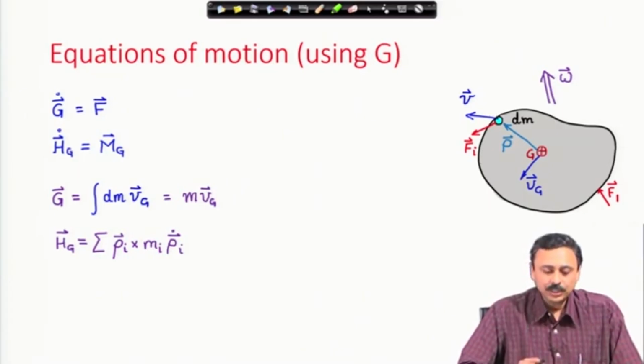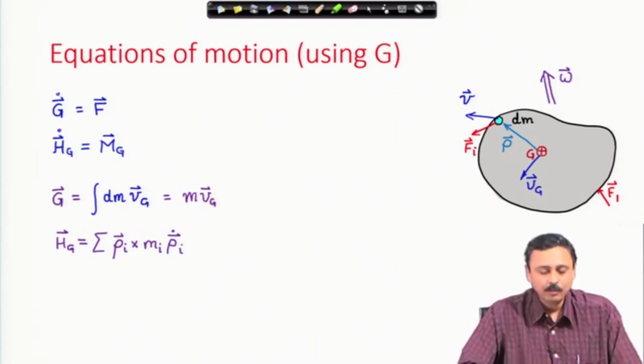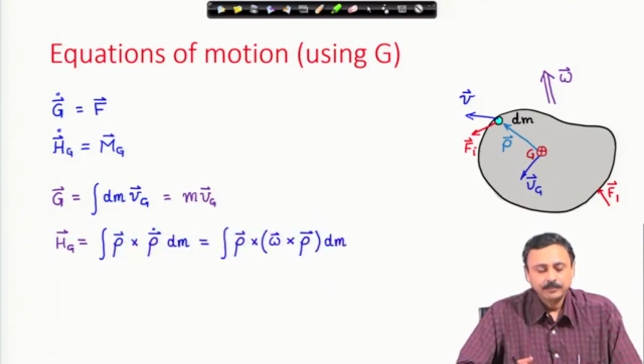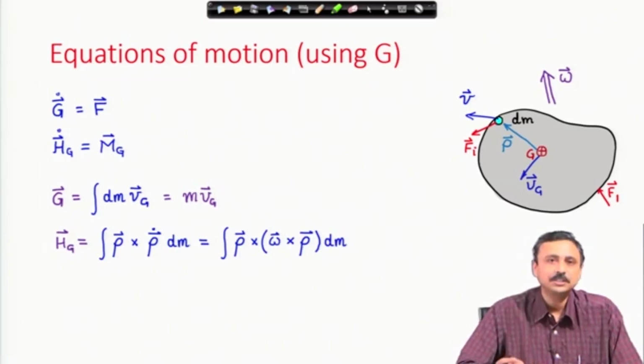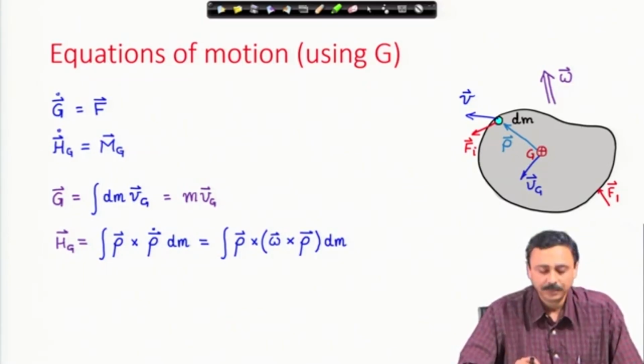Angular momentum about g, which was defined, this is relative angular momentum and same as the angular momentum about g as we have discussed, again gets converted to an integral, rho cross rho vector dot dm. So, the measure of this integration is the small mass element.